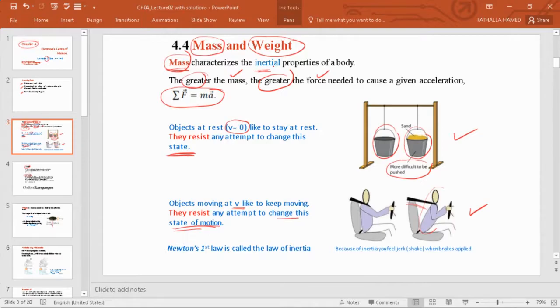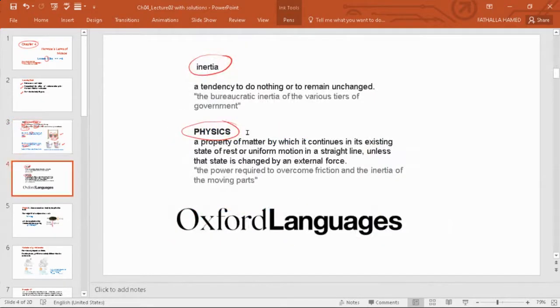Okay. This is in accordance with Newton's first law, and the first law is called the law of inertia. And if we go to the slide here, where I gave you the definition of inertia in physics, a property of matter by which it continues in its existing state of rest or uniform motion in a straight line, unless the state is changed by an external force.